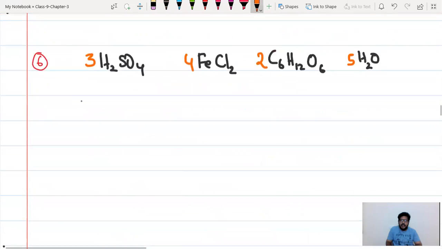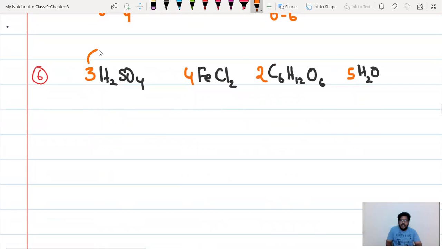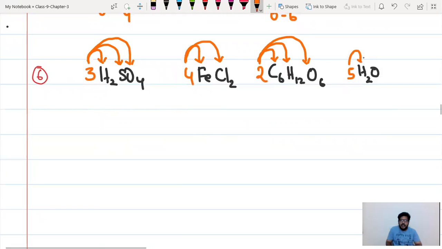So while coming to here, 3 should be given to hydrogen, 3 should be given to sulfur, 3 should be given to oxygen. Second, 4 should be given to iron, 4 should be given to chlorine. Here 2 should be given to carbon, 2 should be given to hydrogen, and 2 should be given to oxygen. 5 is given to hydrogen, 5 is given to oxygen.